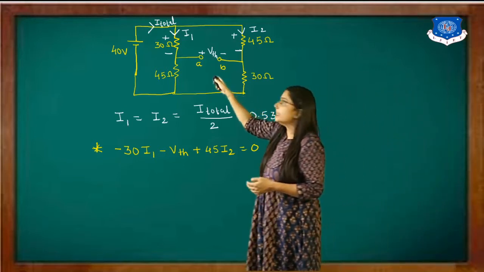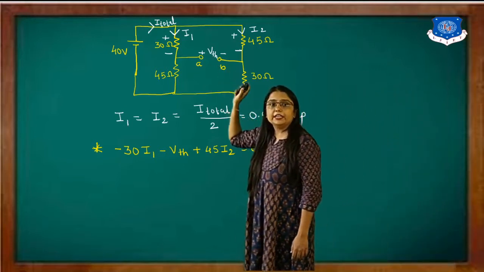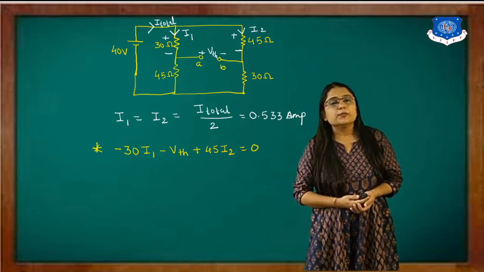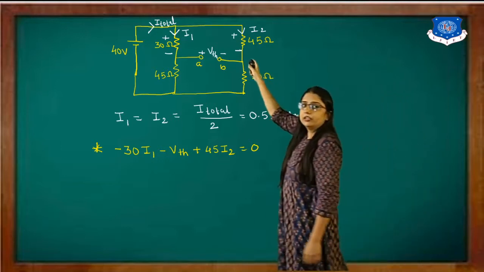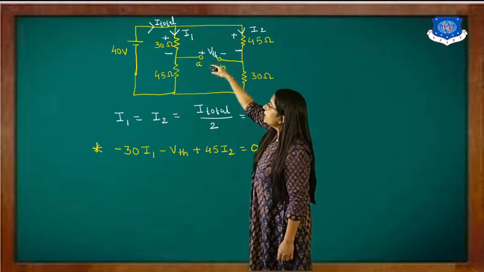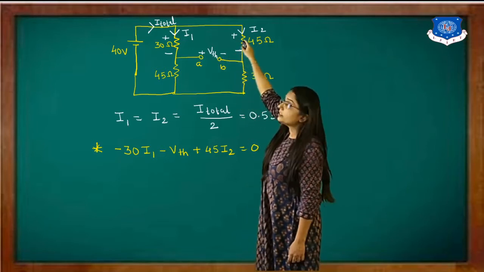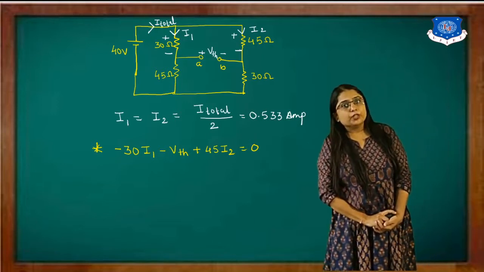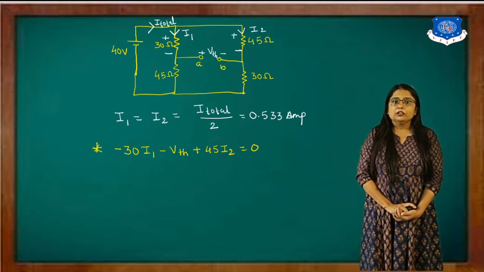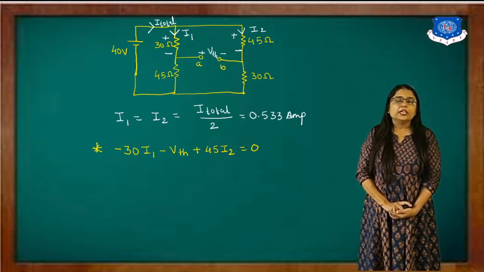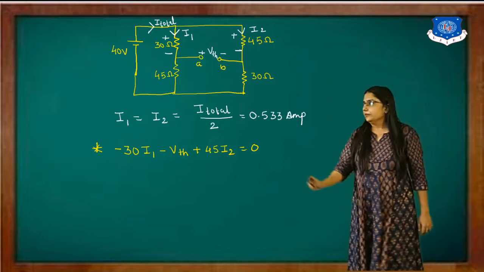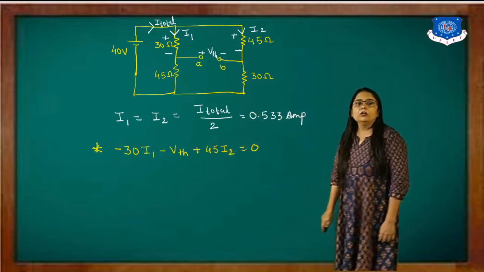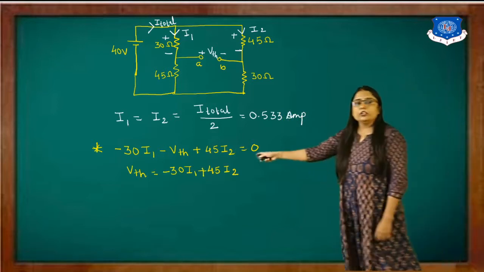Then here the voltage VTH is changing from positive to negative, so we have to consider that voltage as negative. So I am writing minus VTH. But here for the 45 ohm, the polarity is from negative to positive. That means I have to consider that voltage drop as positive, and the value of that voltage drop is 45 into I2, because V equals IR. And finally I have to equate that with 0. Now, so the value of VTH equals what?